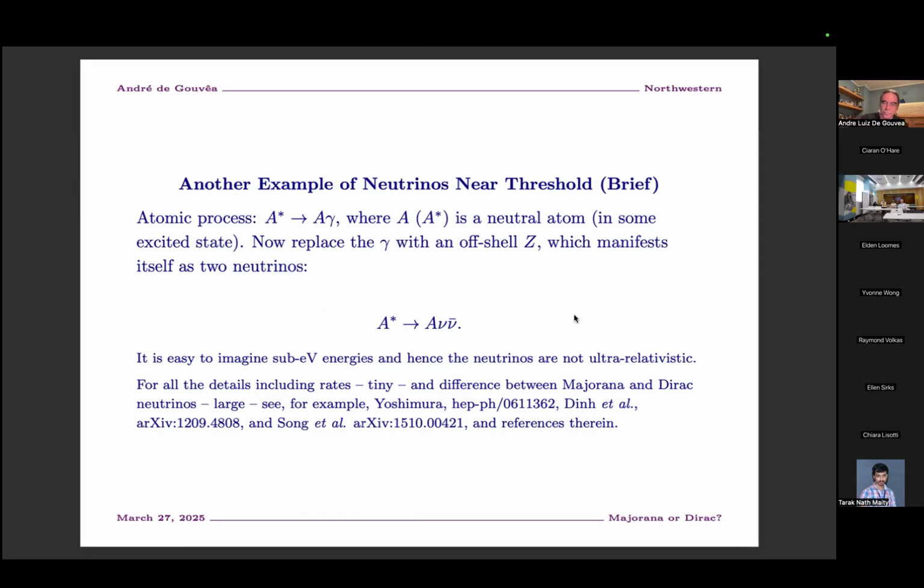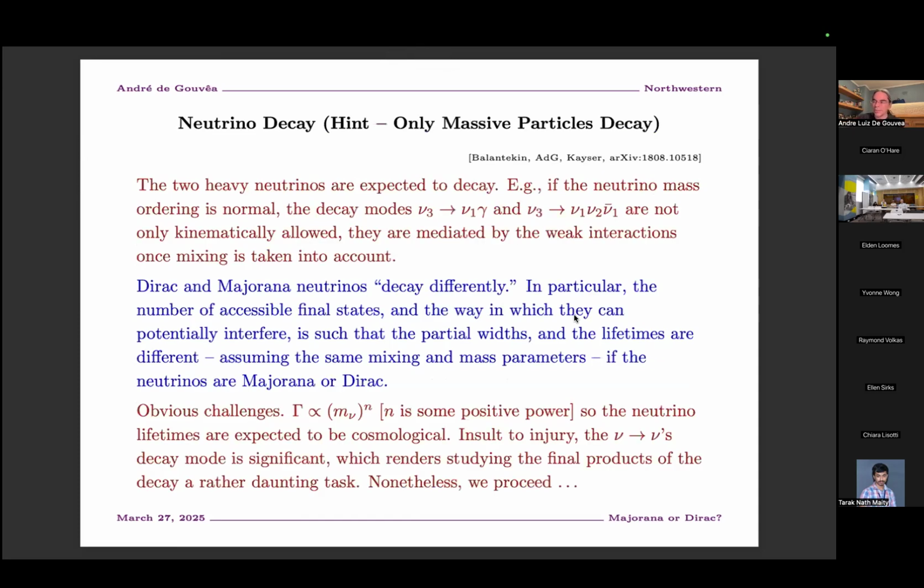Okay, so the last topic I want to talk about for the last, let's say, 5 or 10 minutes is looking at neutrino decay. And I would say neutrino decay is an interesting process because in the standard model with massive neutrinos, the neutrinos must decay, at least the two heavier ones.